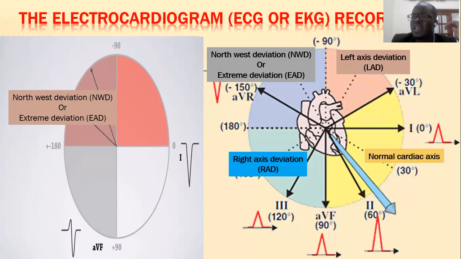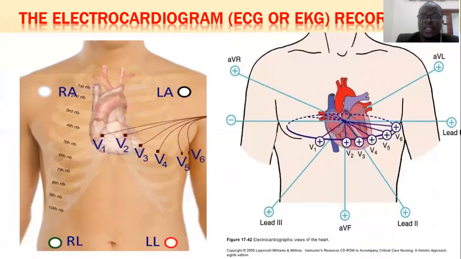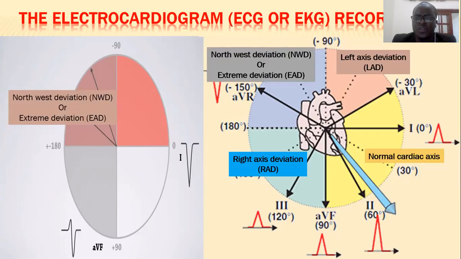Sometimes there are special heart blocks that can also result in deviations, which we'll discuss when we start looking at the heart blocks. These electrodes or leads that we are discussing here are called limb leads. There are only 6. Remember, we are talking of a 12 lead machine.